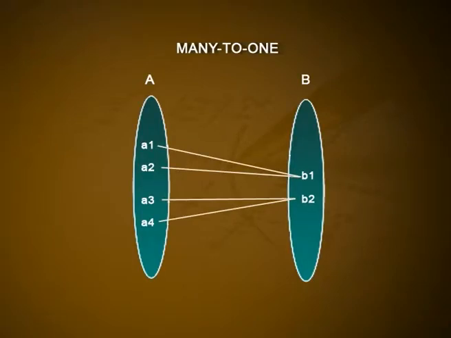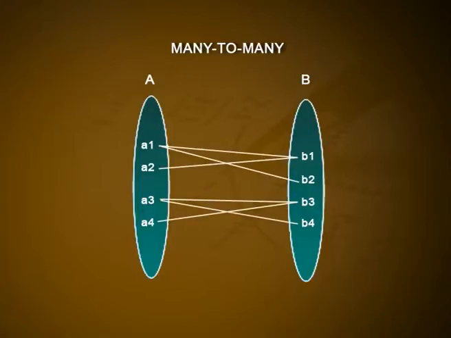An entity in A is associated with at most one entity in B. An entity in B can be associated with any number of entities. Many to many. An entity in A is associated with any number of entities in B and an entity in B is associated with any number of entities in A.